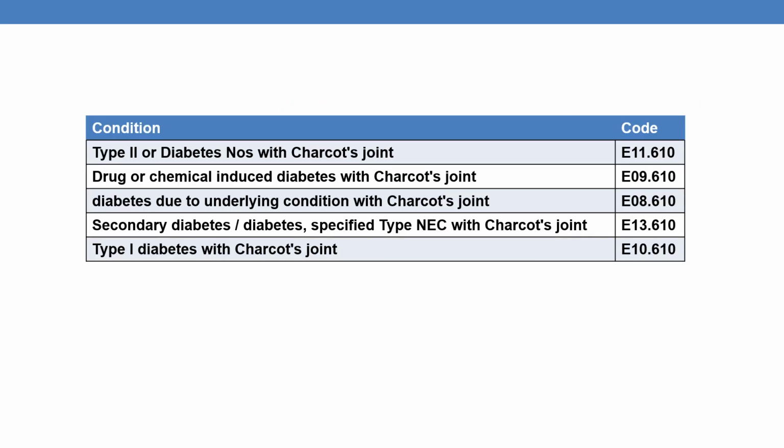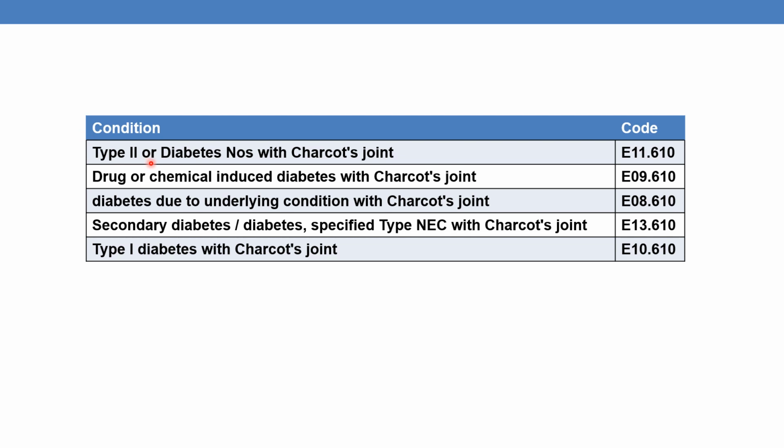Now let us see the various codes for different types of diabetes mellitus with Charcot's joint. One common thing you can observe here is that the last three digits are the same. 610 indicates diabetes mellitus with Charcot's joint. The first three characters indicate the specified type of diabetes.